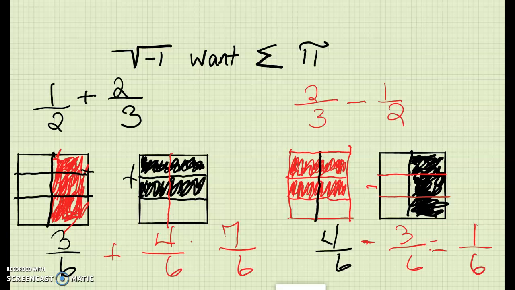All right. So using the area model, we can draw out what we mean by adding fractions and subtracting fractions. We could do the same thing for multiplying, but I'm going to cover that later in another video. The next video I'm also going to do the linear model.